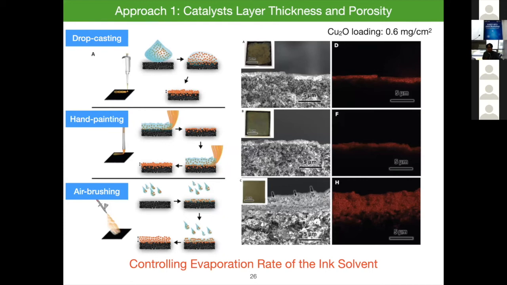We also use hand painting, and then we also use the airbrushing method to control the evaporation rate of the ink. If the evaporation rate of the ink is slow, then you get a very dense catalyst layer, as you can see in this SEM image. But the airbrushing deposition method produces a highly porous catalyst layer, even though all 3 have the same catalyst loading of 0.6 milligram per square centimeter.